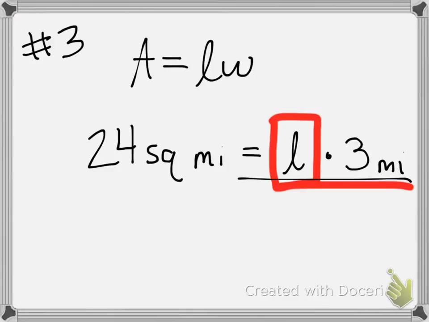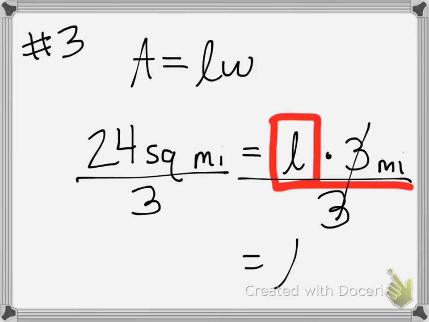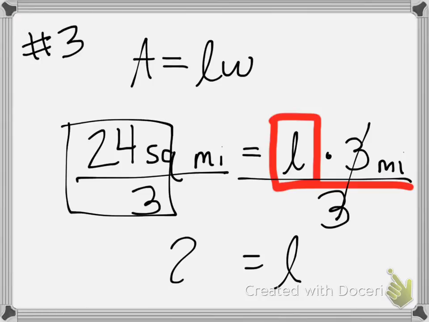And so we're going to divide this side by 3, and whatever you do to one side, you have to do to the other. All right, so these 3's cancel out. And if you notice, on this side you're just left with L. And then on the other side, we have 24 divided by 3. 24 divided by 3 is 8. And so that's how we would get our answer of 8 miles.